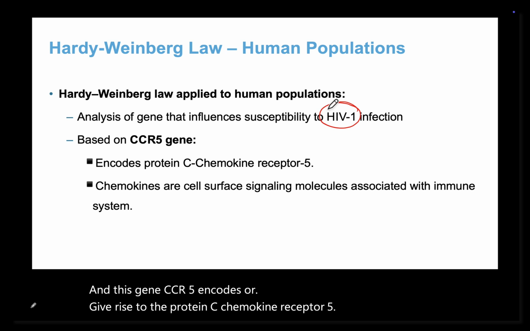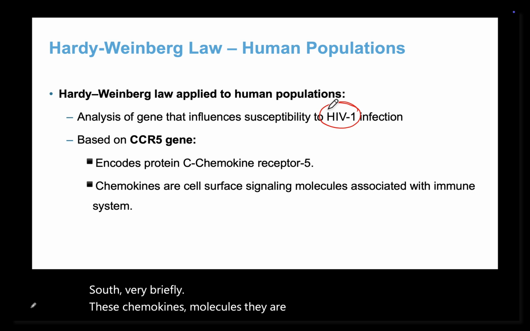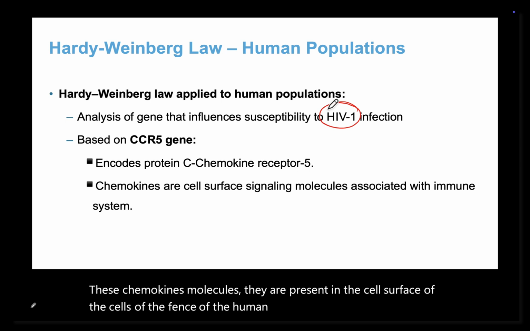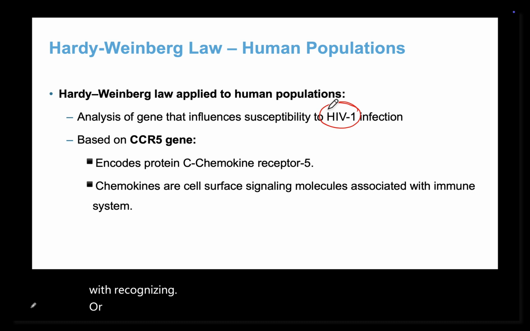So very briefly, these chemokine molecules are present on the cell surface of the cells of the defense of the human body. So they are associated with recognizing or allowing this HIV virus to enter the cell and kind of conquer the cell.